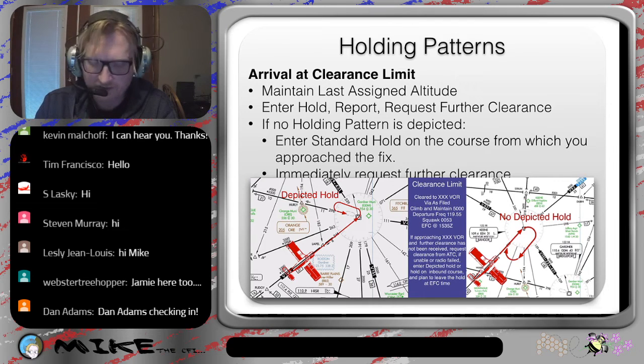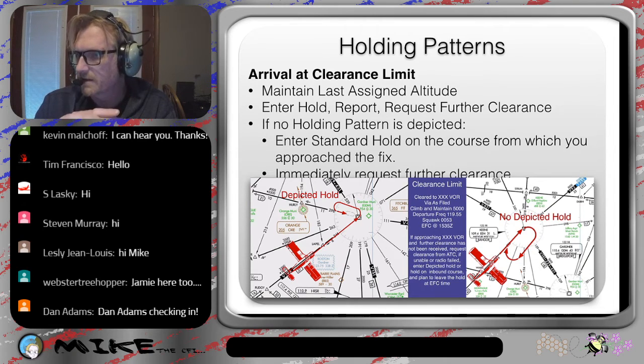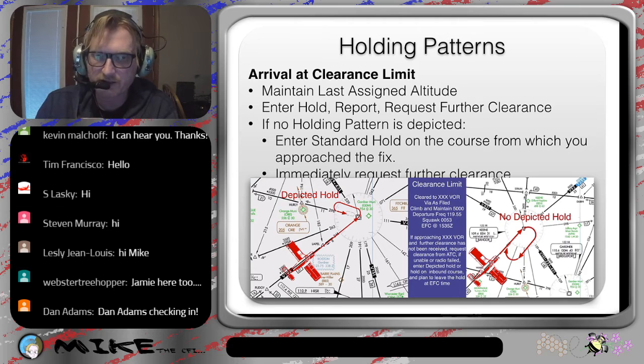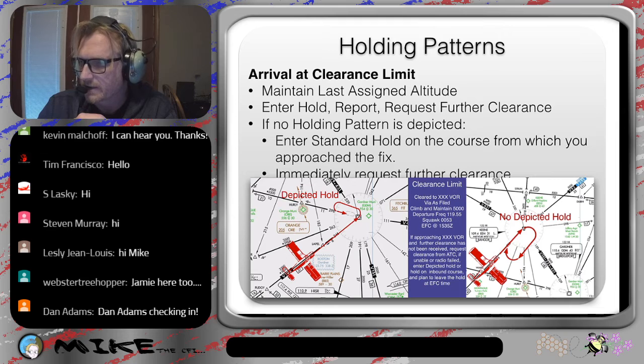In either case, if you arrive at your clearance limit and you have not received your additional clearance to proceed beyond that point, then you're expected to enter into a holding pattern there and request that further clearance.